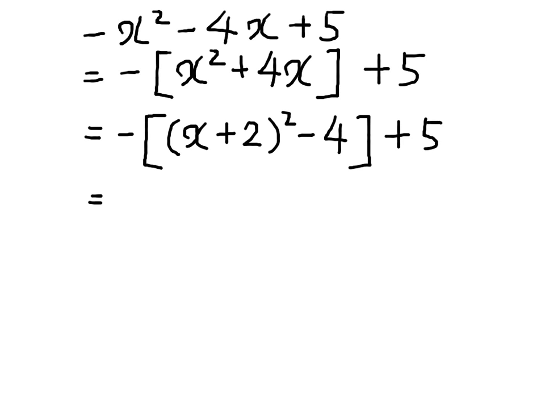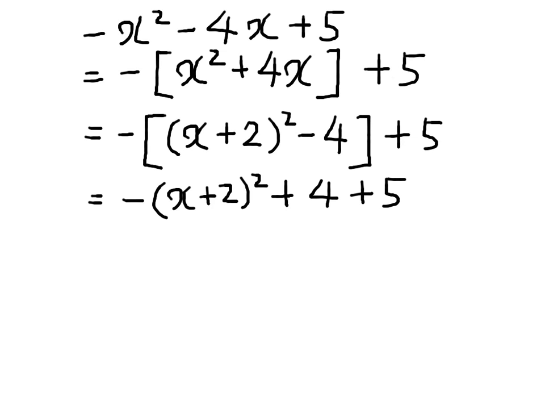Now I'm going to expand the square bracket, so I'm going to do minus, round bracket open, x plus 2 squared, and then minus times this minus will give me plus. So I write plus 4, and plus 5 is still there. So my final answer is minus x plus 2 squared plus 9.